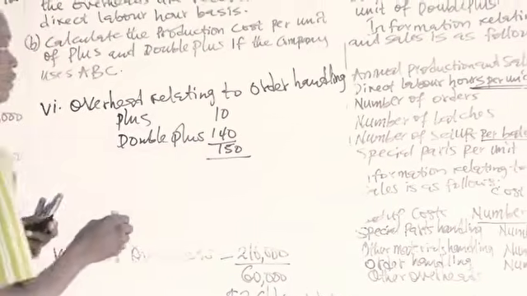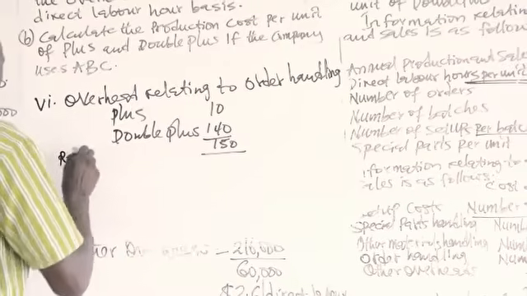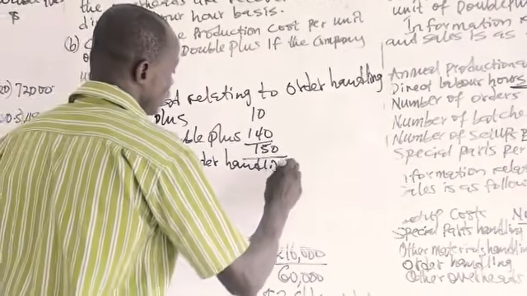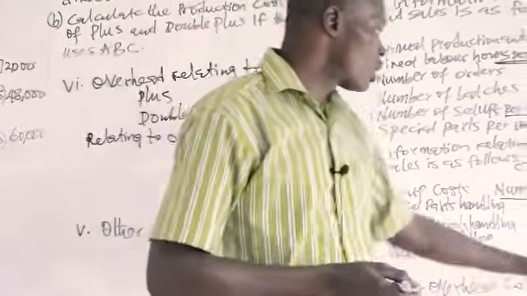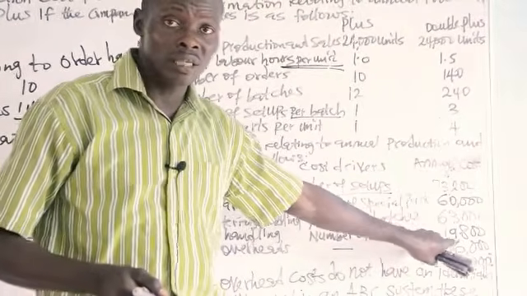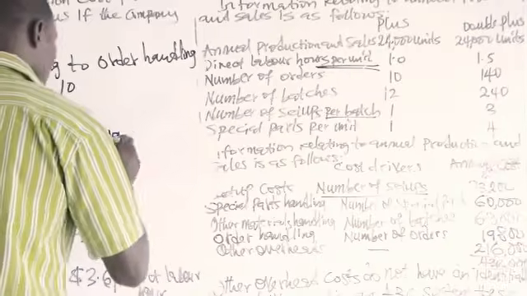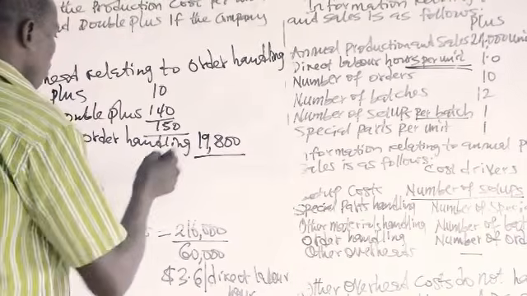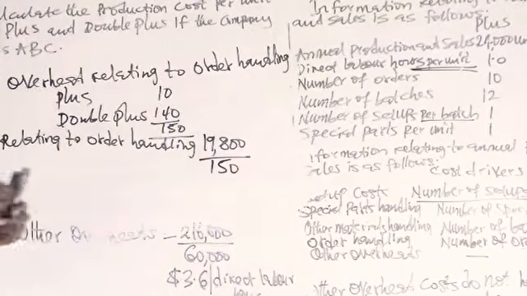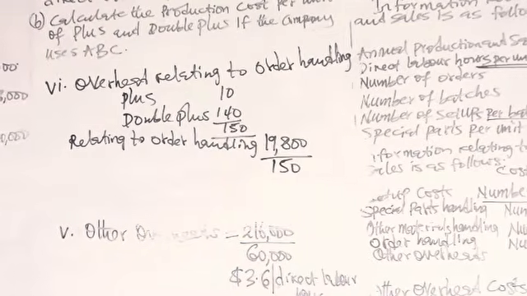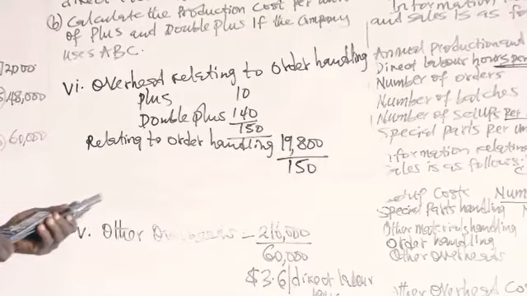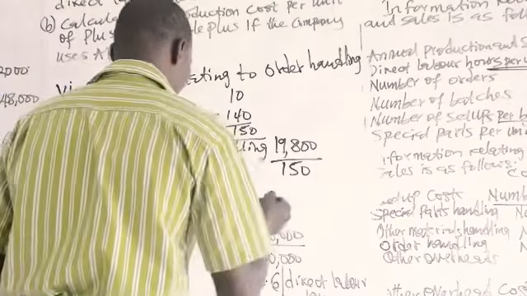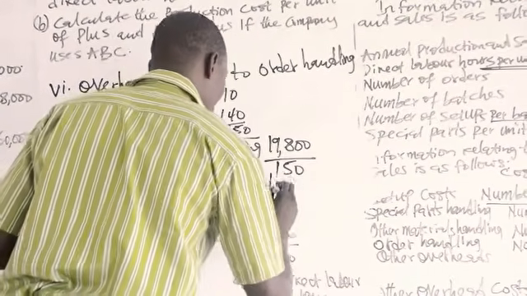So the recovery rate relating to order handling: the overheads relating to order handling is 19,800 over 150. 19,800 divided by 150, and that will give us $132 per order.